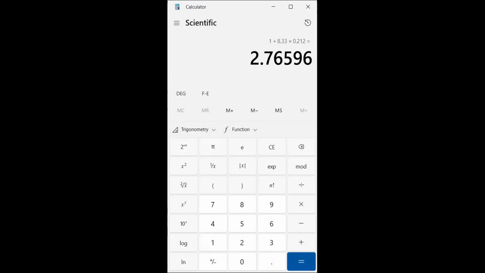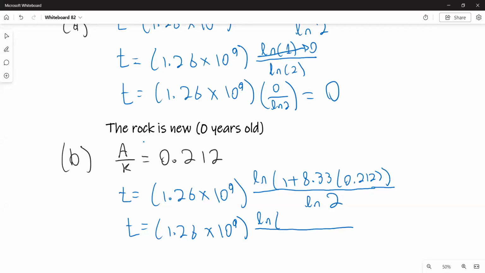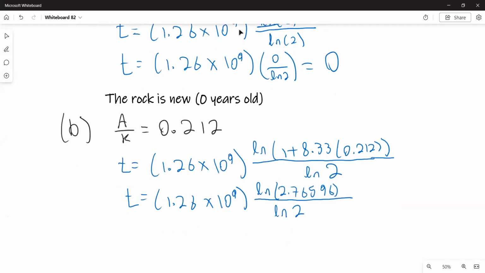All that is equal to 2.76596, over the natural logarithm of 2. And we're going to evaluate all that.